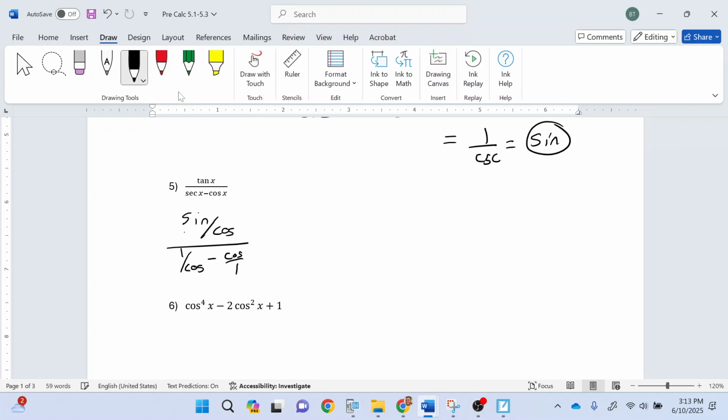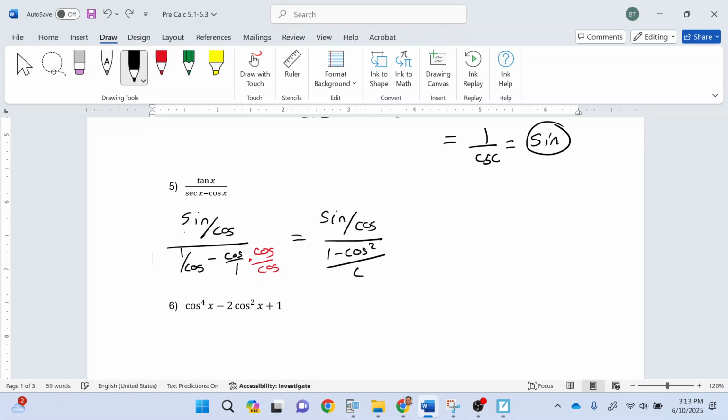To make the bottoms match each other, I need this to be cos over cos. So I'm going to rewrite that as sine over cos, over 1 minus cos squared over cos.